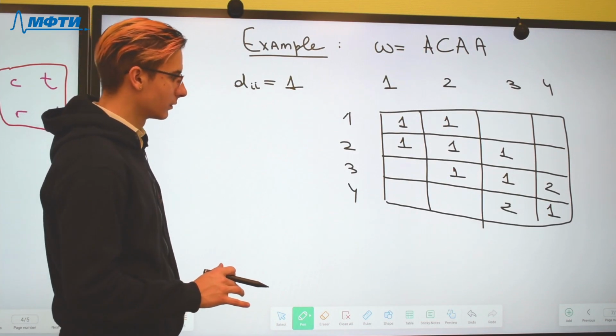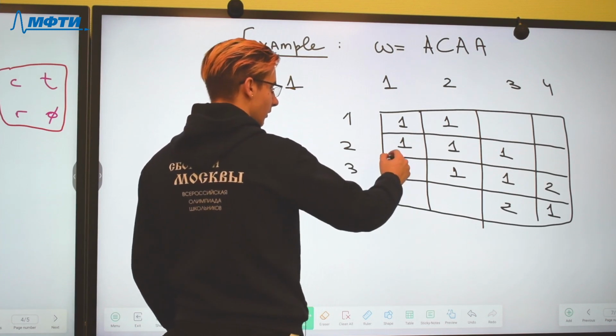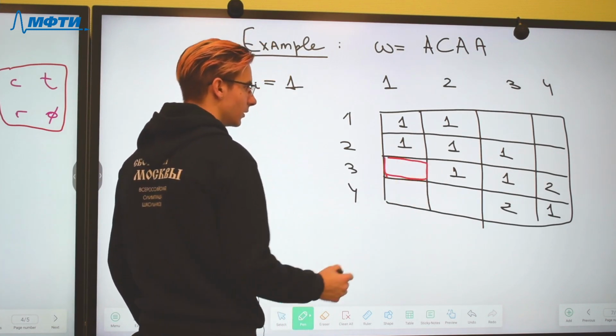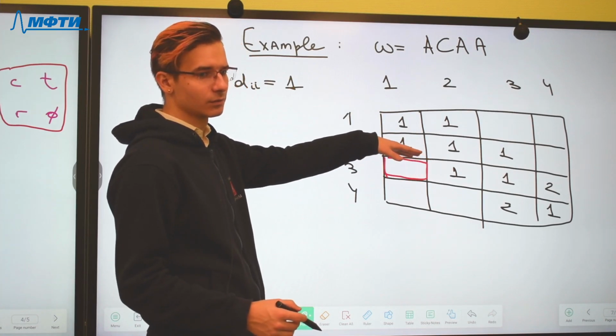Because then, to find, for example, and of course, it is a symmetric matrix.